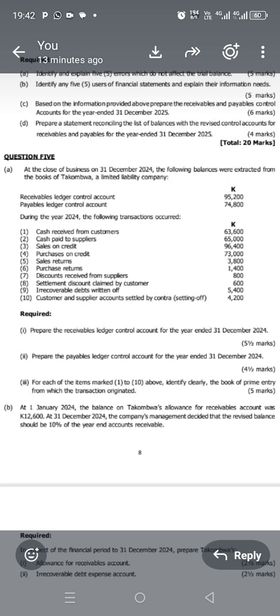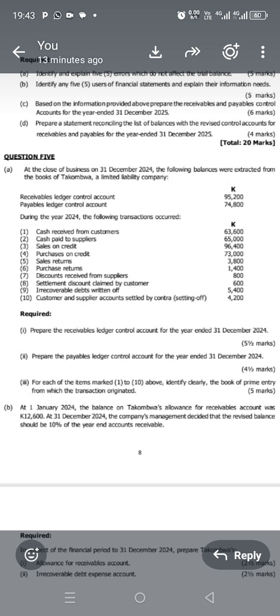Then instead of selling those products at 50 kwacha each, we are going to negotiate with that customer, let's assume we put it at 45 kwacha instead of 50. So meaning it's more like we've lost 5 kwacha. So the discount allowed affects the receivable ledger control account balance.